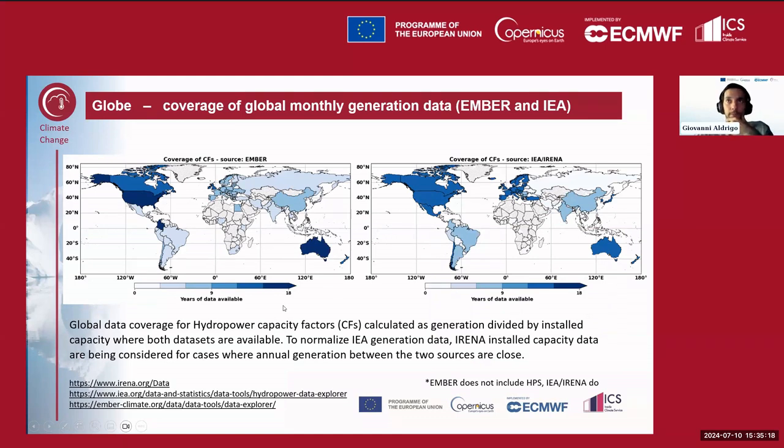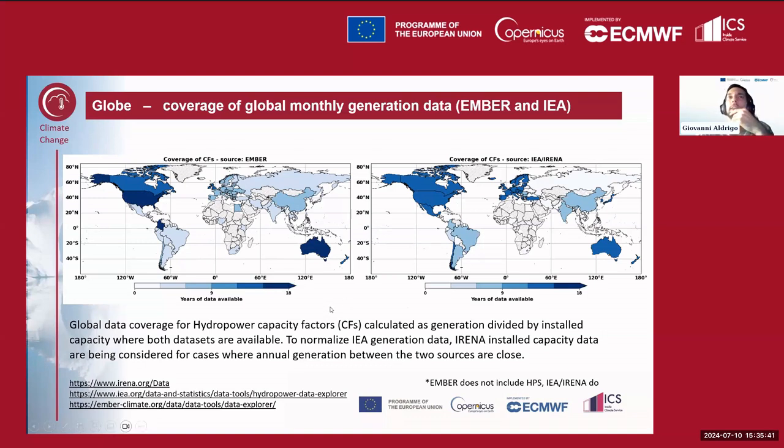And these are the capacity factors, because these data sets are provided with an annual time series of installed capacity. So we can normalize this data to obtain the capacity factors, varying from 0 to 1.